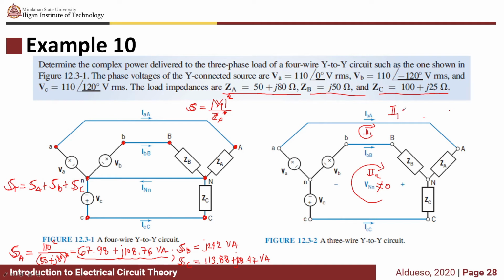The mesh current I1 is just equivalent to IAA, mesh current I2 is equivalent to negative ICC, and IBB is equivalent to I2 minus I1.